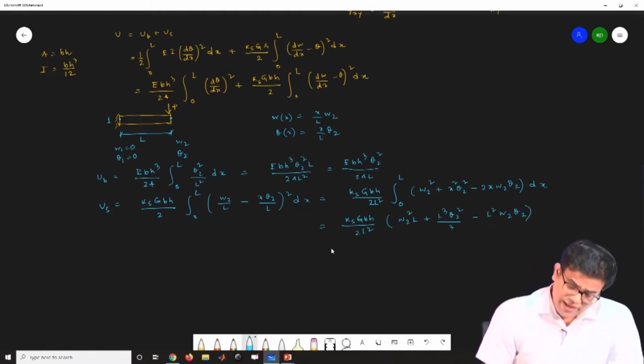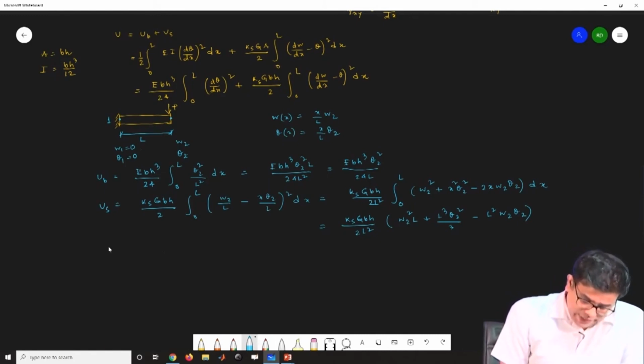Now for this problem, if I write the potential energy, it will look like this.